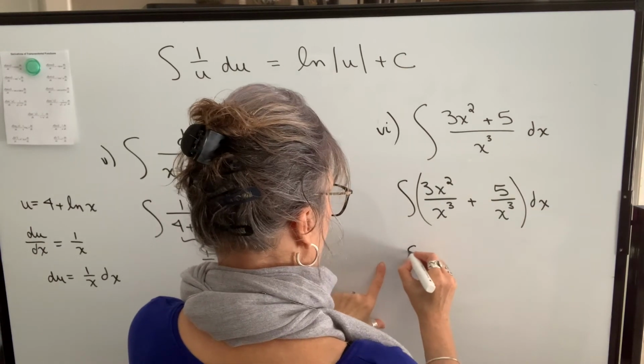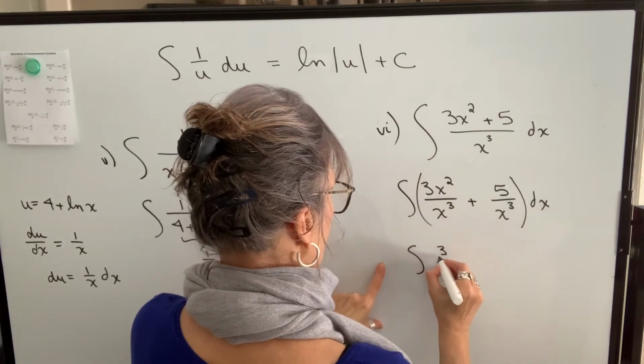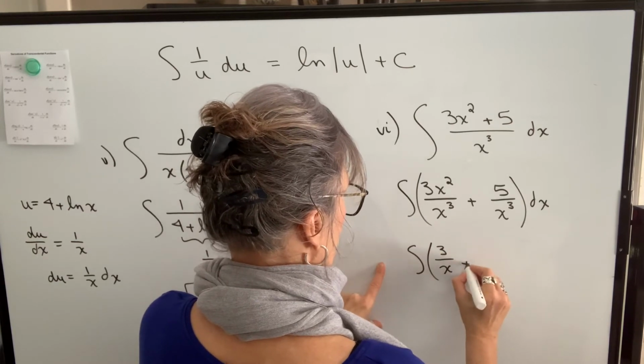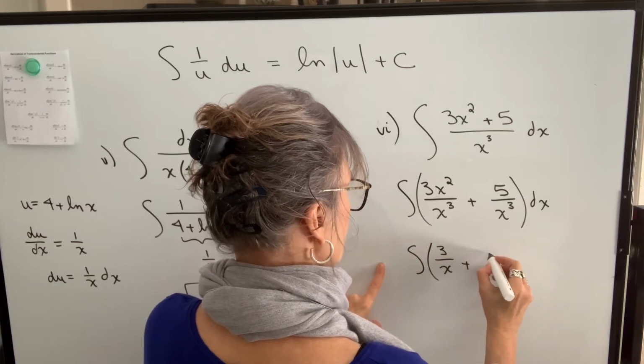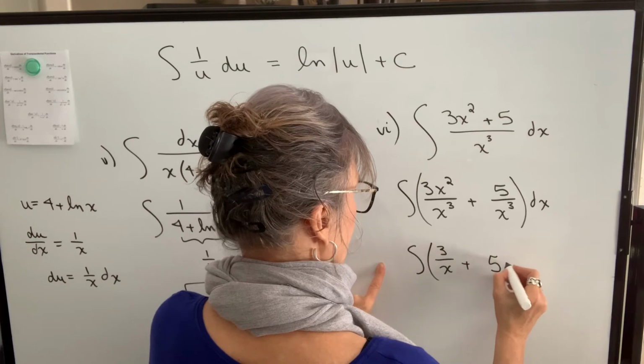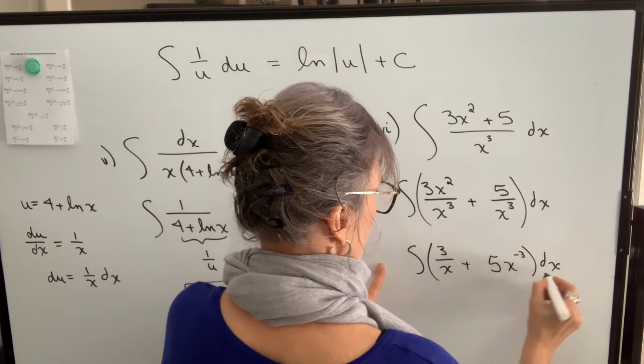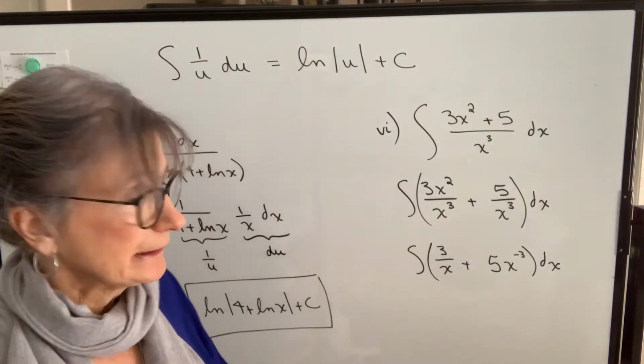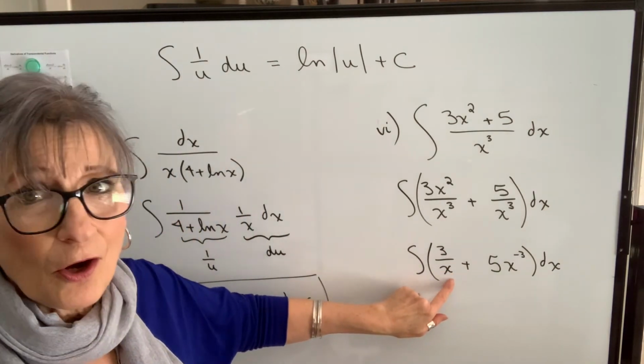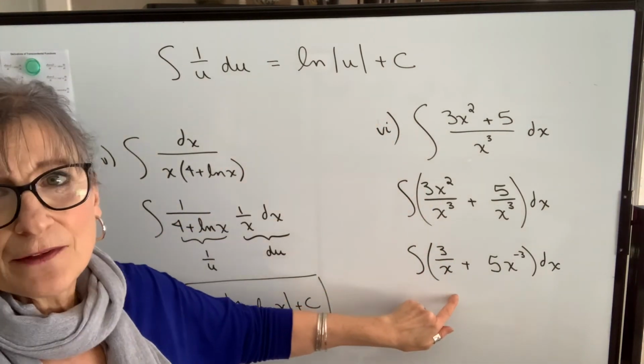When I simplify, I'm going to get 3 over x plus 5 over x cubed, which I can think of as 5 times x to the negative 3. I know how to integrate a term like that. And now, because of this rule, I know how to integrate that.